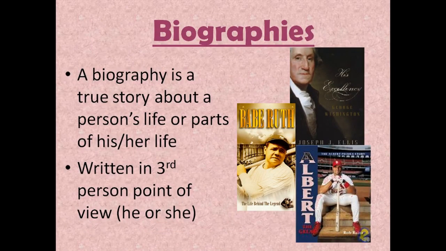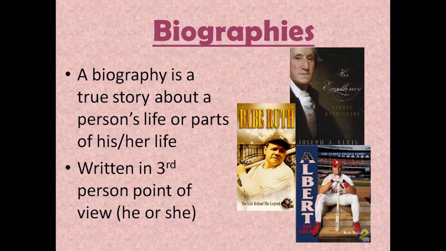So in biographies, a biography is a true story about a person's life or parts of his or her life, written in third person point of view, he and she.